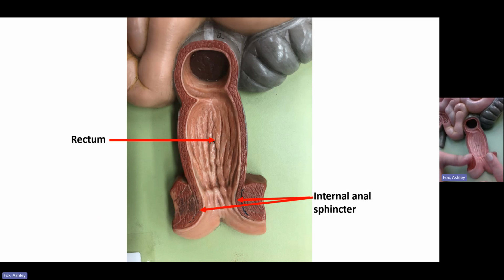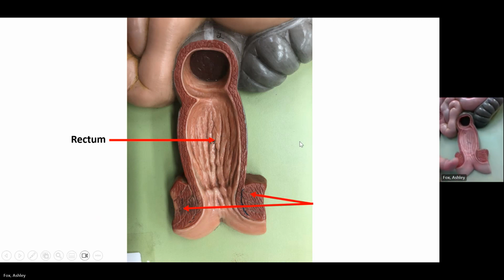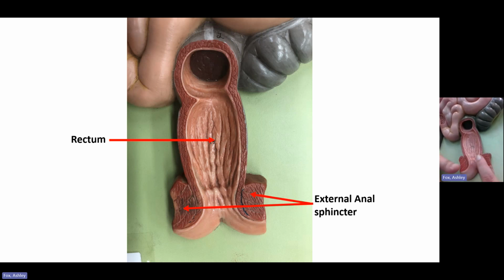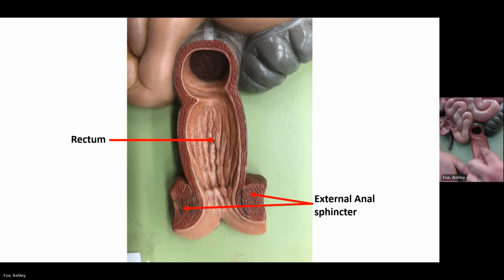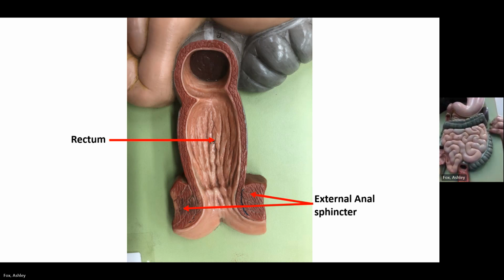So you have internal, and then you have the voluntary one, where you decide on defecation. So external anal sphincter, internal anal sphincter, anal canal, anus, rectum. It's going to be that side.